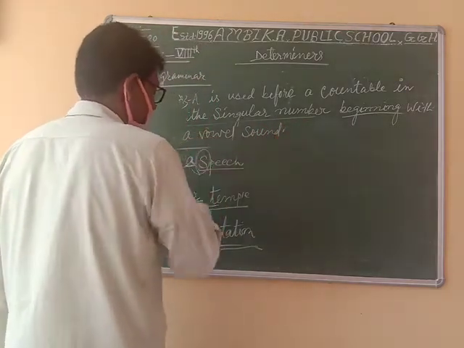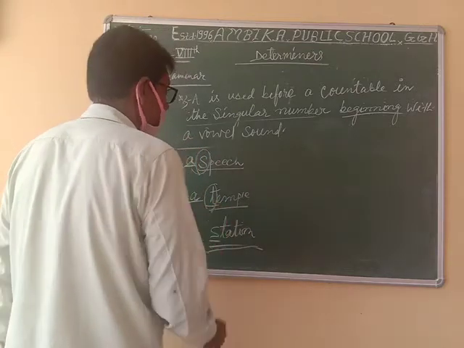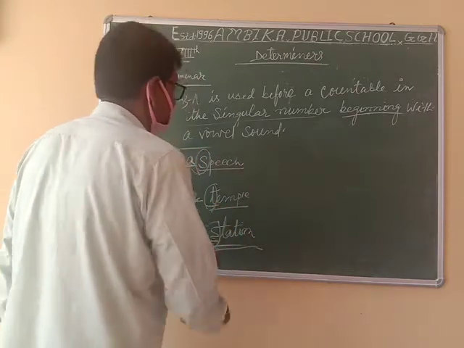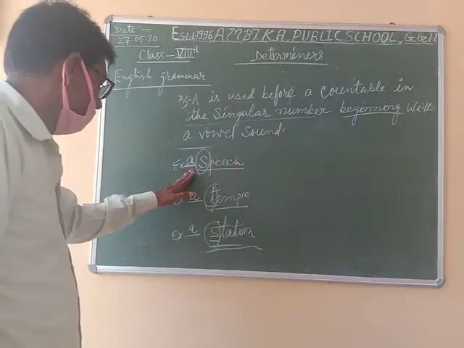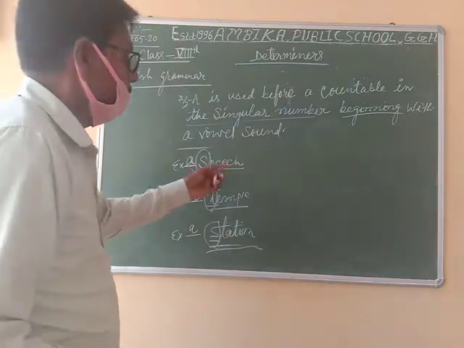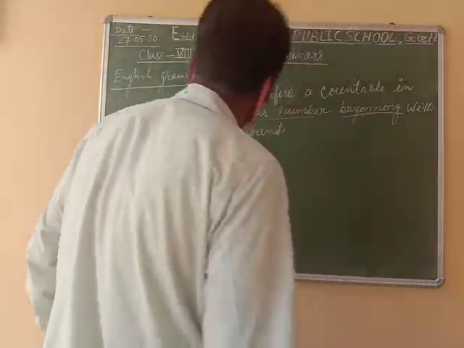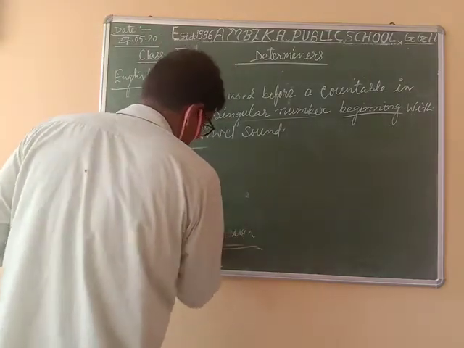This is a vowel, sorry, consonant. This is a consonant. So according to the rules, we have to use A. Now, beginning with a vowel sound, how can we use AN?